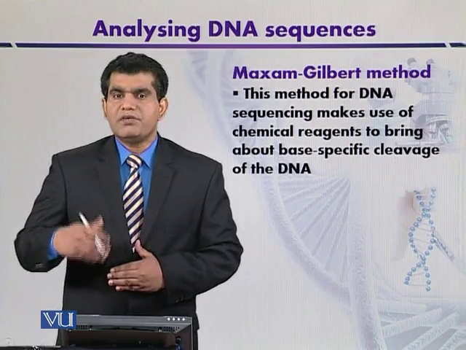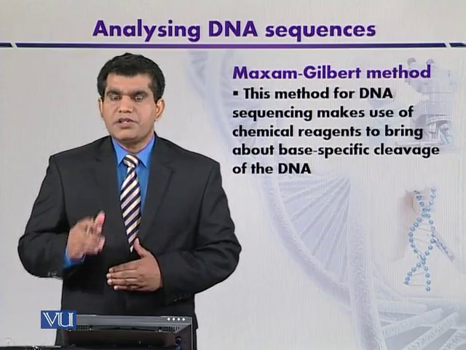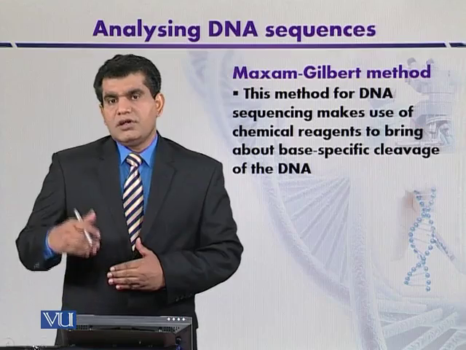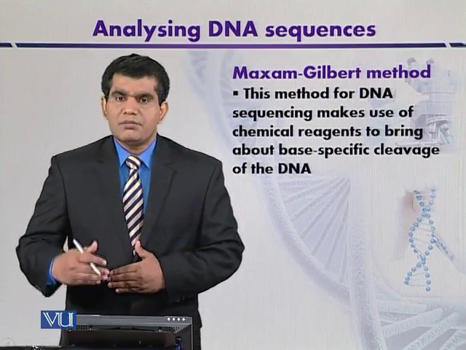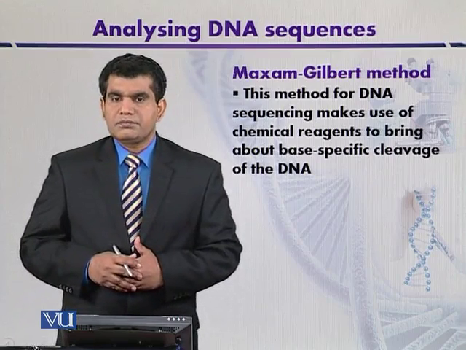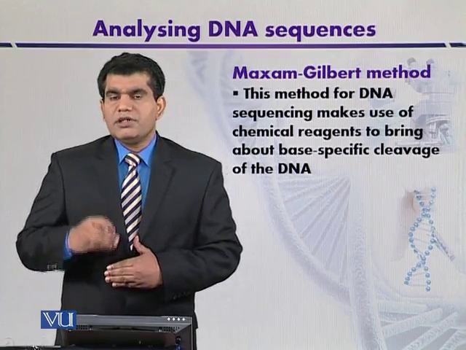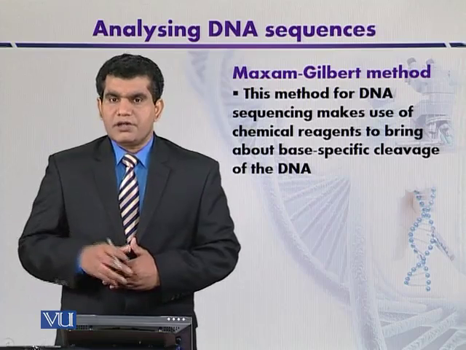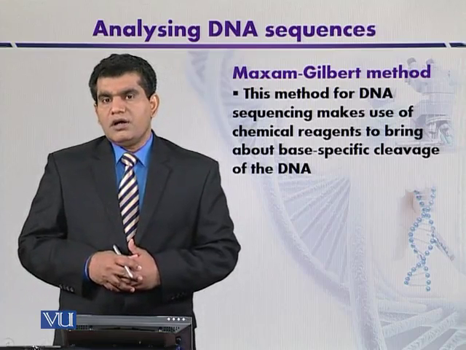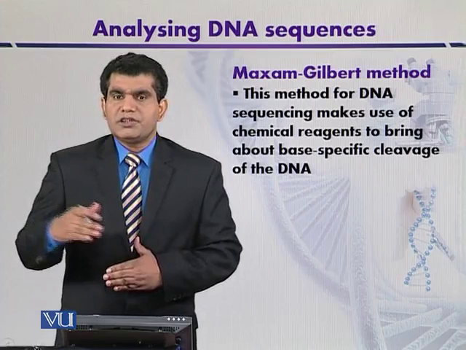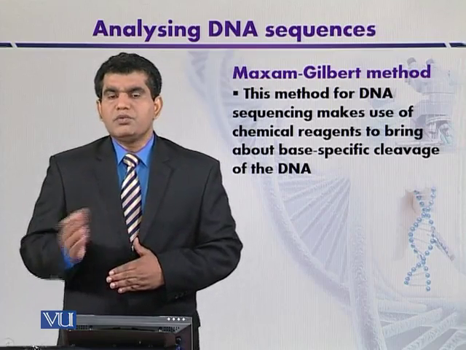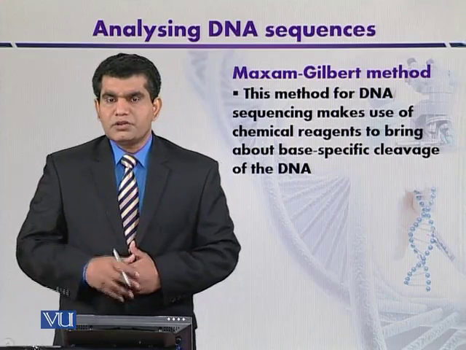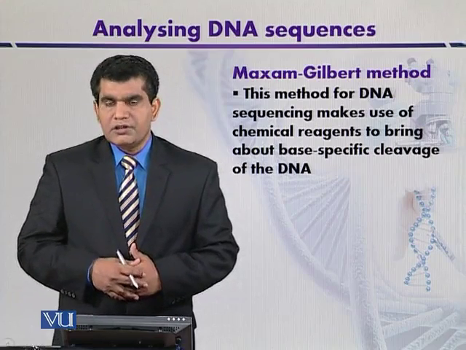So we may have different types of reaction mixtures for different bases, so that when we use end-labeled DNA fragments, the elongation is carried out for a limited period of time, because whenever a modified base is inserted, the elongation is stopped, and then 1 or 2 cleavages are introduced per DNA fragment.